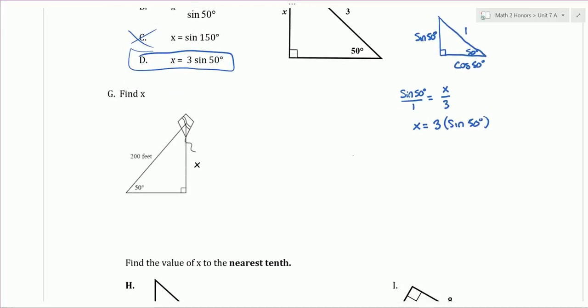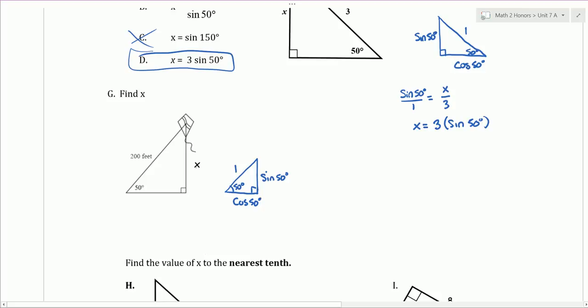Part G, we want to find x. Again, I'm going to set up a similar triangle here. One that has a 90-degree angle and a 50-degree angle, but with a hypotenuse of 1. So this would be the sine of 50 degrees, and this would be the cosine of 50 degrees.